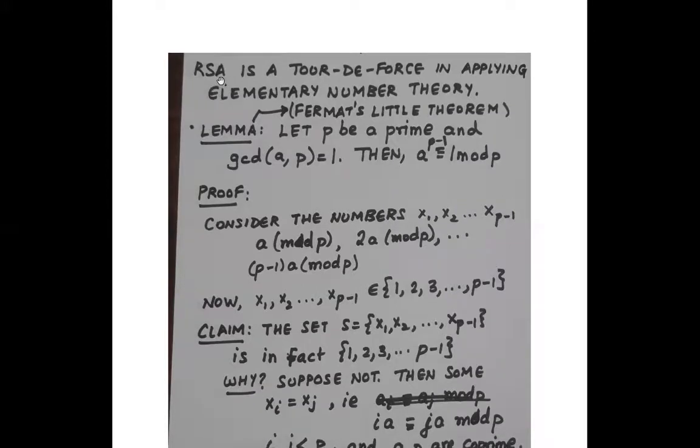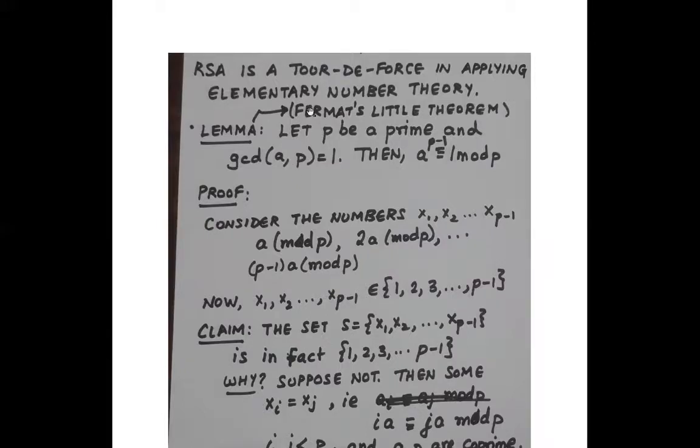One thing is clear: RSA is in fact a tour de force in applying elementary number theory to the problem of secure message transmission. So let us start with some of the basic number theory that we need.